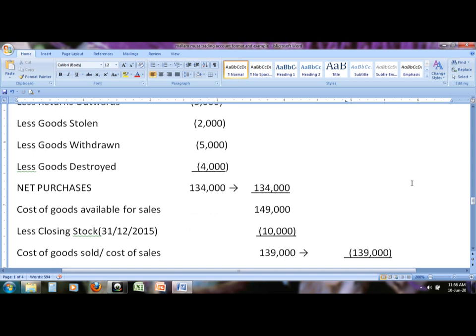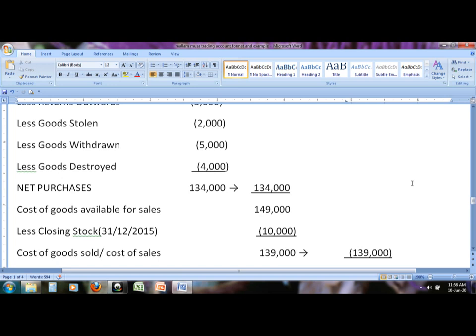Now that we know that, we move on to our closing stock, and closing stock is given. I've told you the sign, bracket open and close, indicates subtraction. Please get that one right. Closing stock as at 31/12/2015 is 10,000 naira.